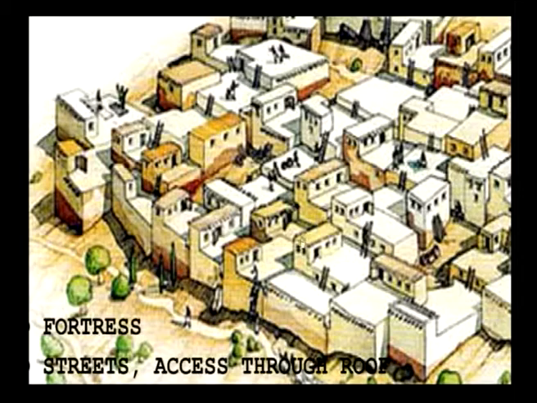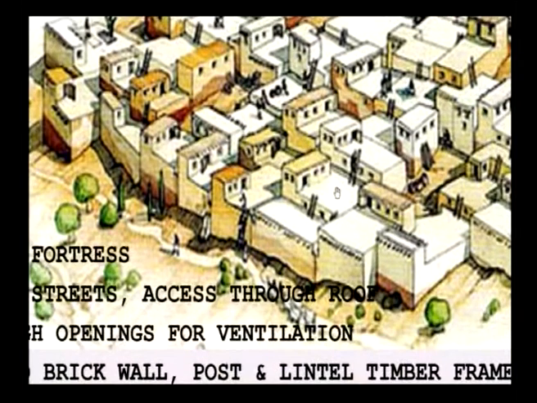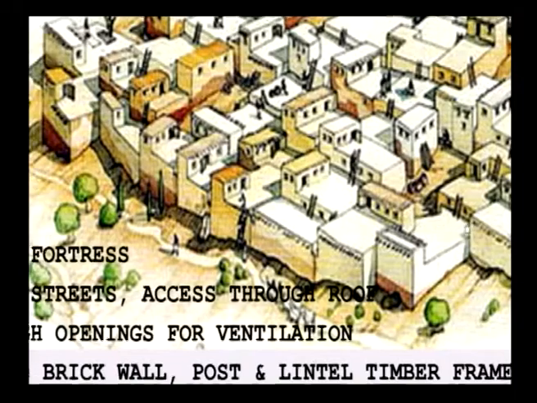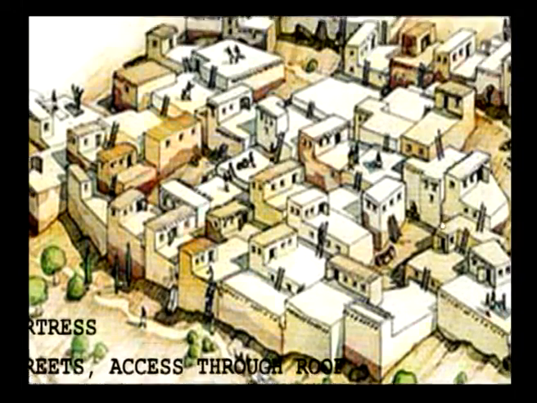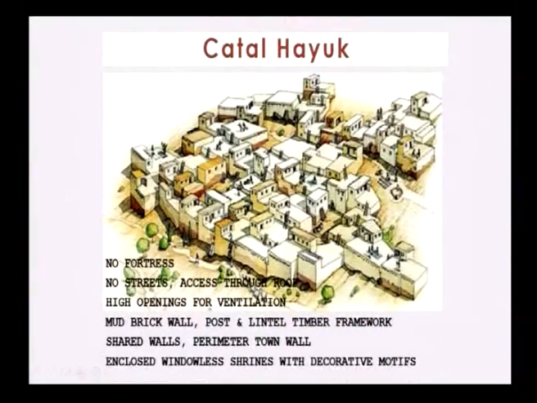The structure was made of mud brick walls, and a post and lintel timber framework enclosed the rectangular spaces that abutted the neighboring houses, so that together they established a perimeter town wall. So there was no need for fortification. Instead of a fortress, these densely packed houses themselves defined a boundary for the settlement.